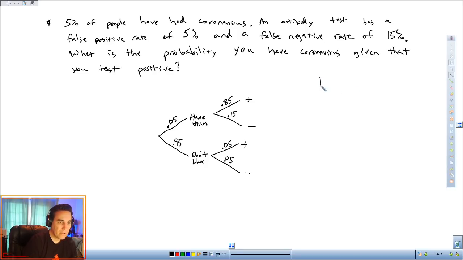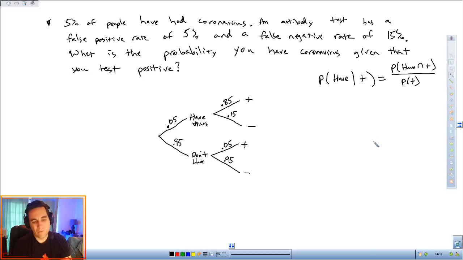So we need to calculate the probability that you have coronavirus given that you tested positive. Now if you go to your formula sheet, it says that we do have, and tested positive, and you divide it by the probability of testing positive, right?